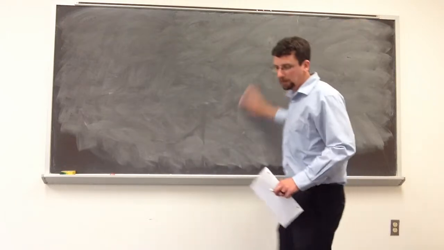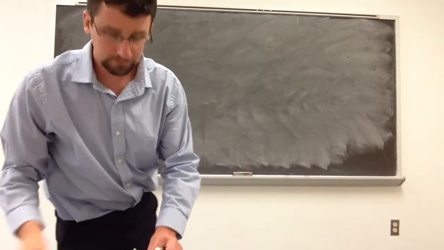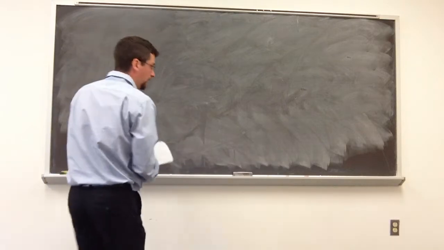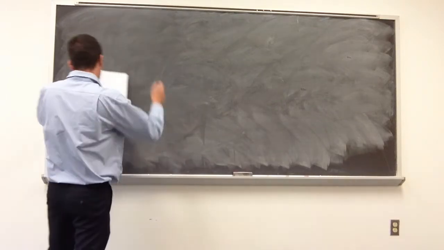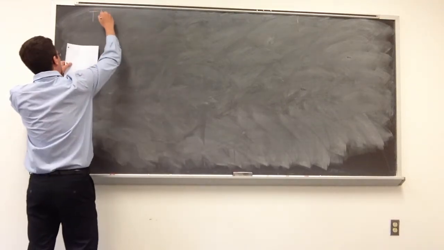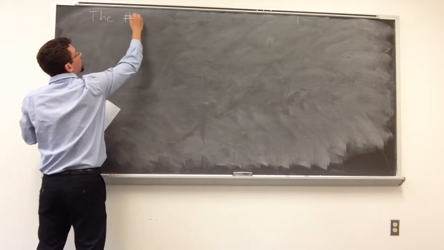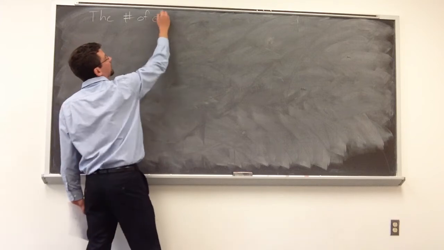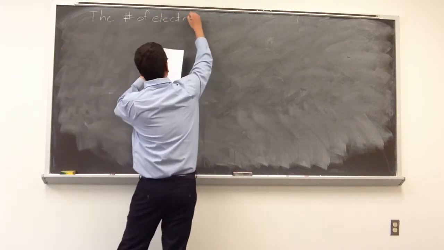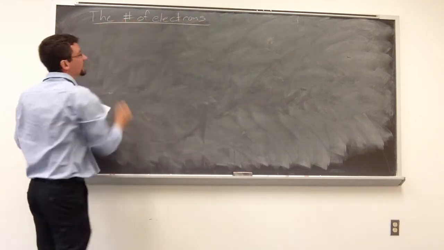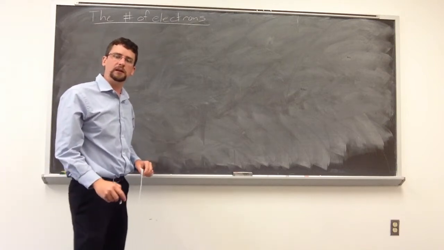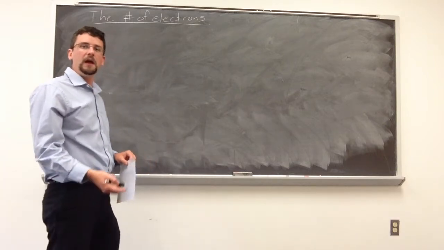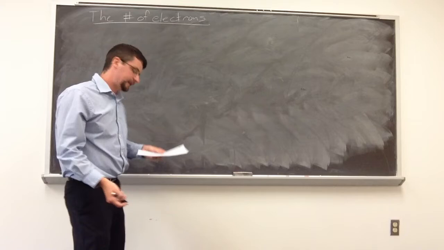So let's talk about the number of electrons. Because electrons are actually a huge deal when it comes to chemistry. Even though they're really small, a simple jump or change of them means a big consequence. So number of electrons. And this is determined by the charge on the molecule, or excuse me, on the atom, and the number of protons that are in the system.